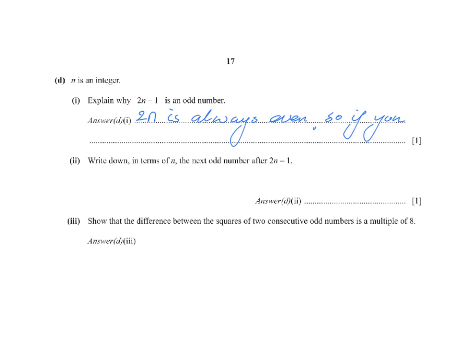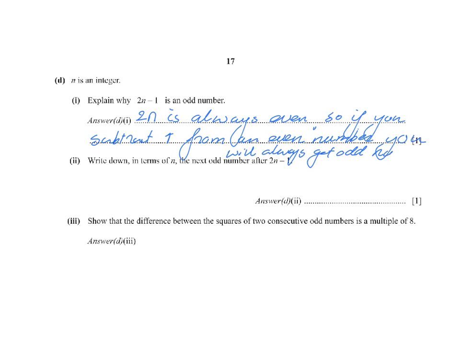So if you subtract 1 from an even number, you always get an odd number. Okay, so 2n, 2 times an integer, will always be even. And if you take away 1 from any even number, you get an odd number. Look at the number line if you are confused.